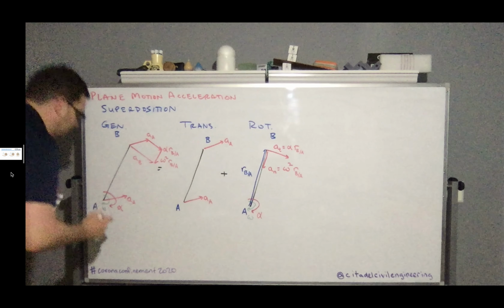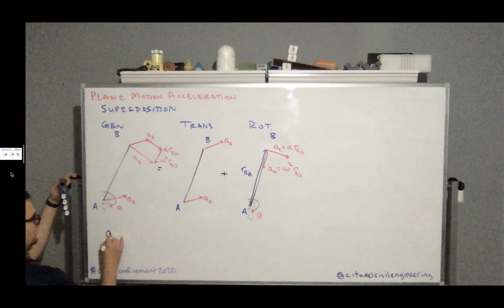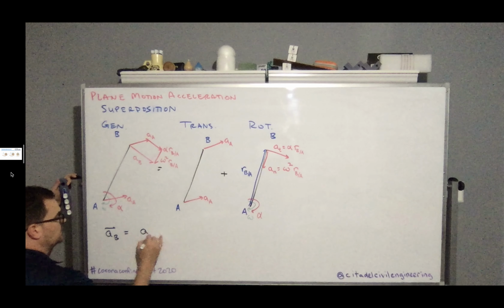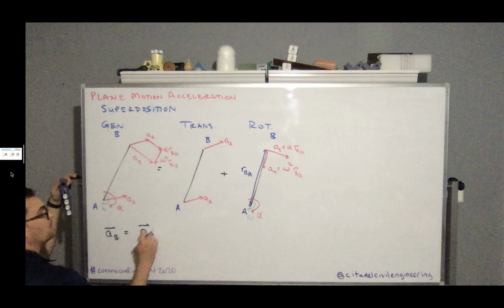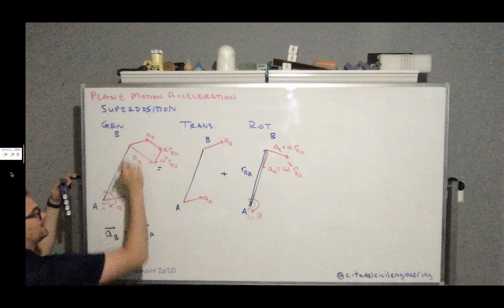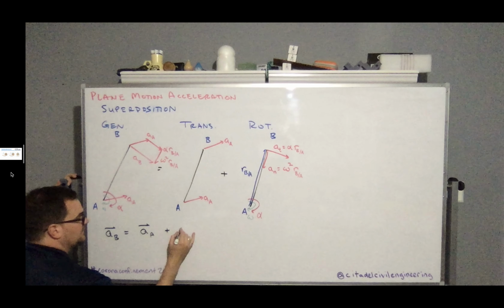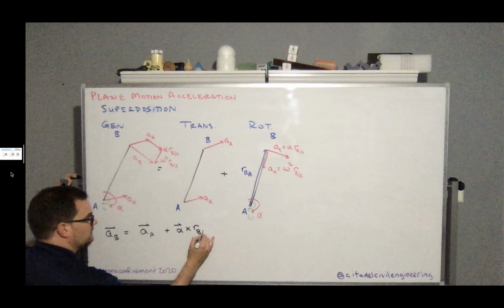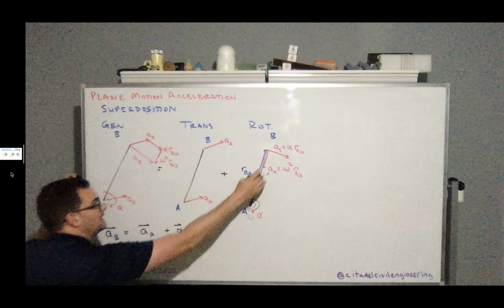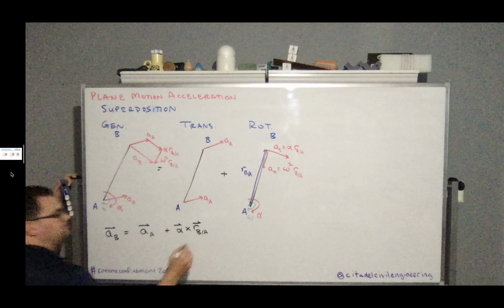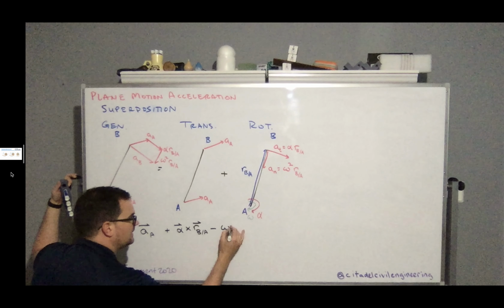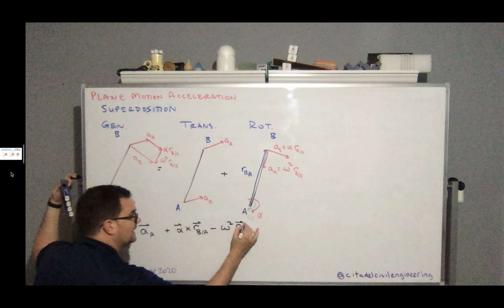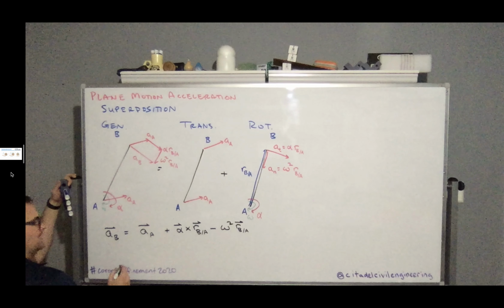So my general form of the equation is going to say that the acceleration at point B is equal to the translation component, acceleration at point A, that's up here, plus alpha cross r B with respect to A. That's the tangential portion of my rotation, minus omega squared r B with respect to A. That's the normal component of my acceleration.